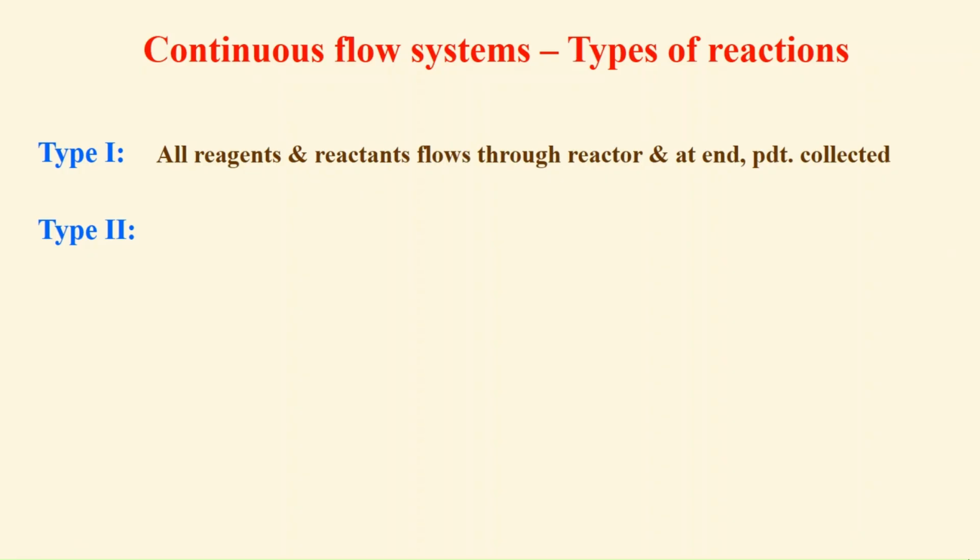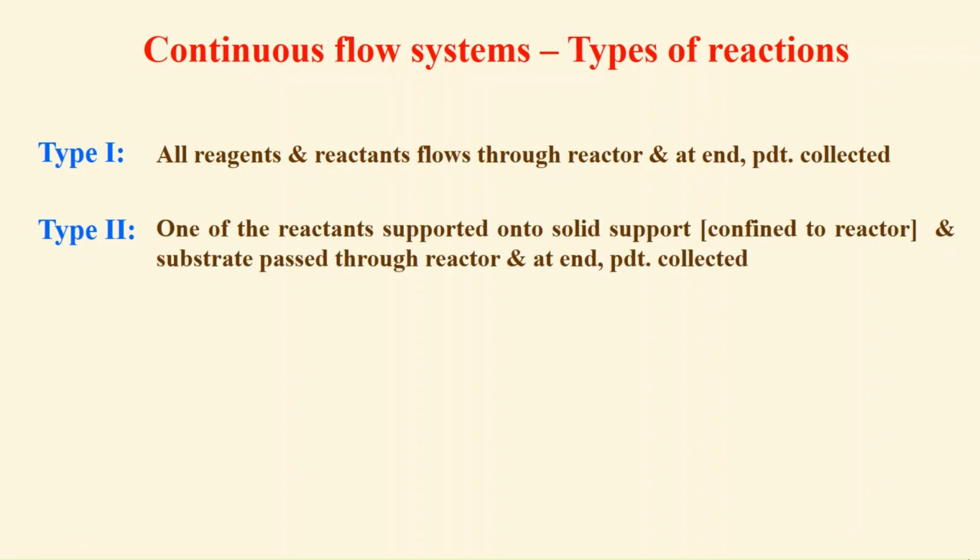The second type is one in which one of the reactants is supported onto the solid support, and this reactant is confined to the reactor, and the substrate along with the reagents pass through this supported reactant, and at the end the product is collected.